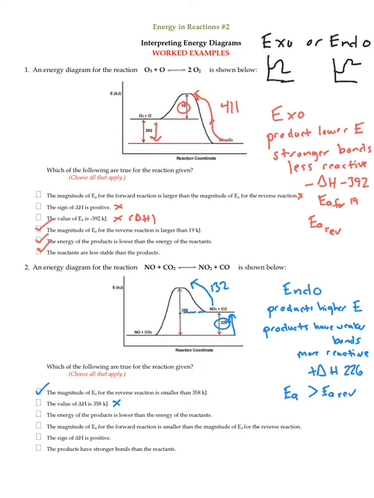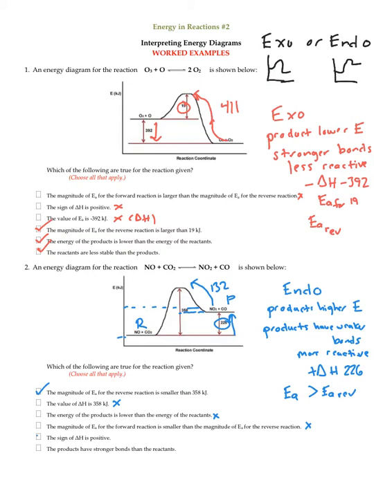The energy of the products is lower than the reactants. Again, that's not true. We can see that the products are way up here compared to the reactants down here. Remember, these are reactants. These are products. The magnitude of the activation energy for the forward reaction is smaller than the magnitude for the reverse direction. Again, that's not true. We know it's 132 for the reverse direction, and it's 358 for the forward direction.